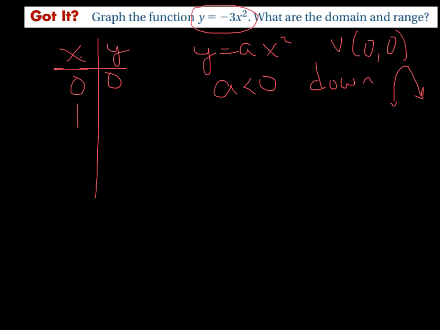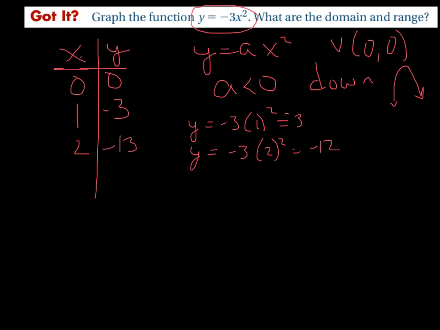If I choose 1 and I put 1 in for x, then I'm going to get a negative 3 for y. If I pick 2 and I put 2 in for x, then 2 squared is 4 times negative 3 gives me negative 12.